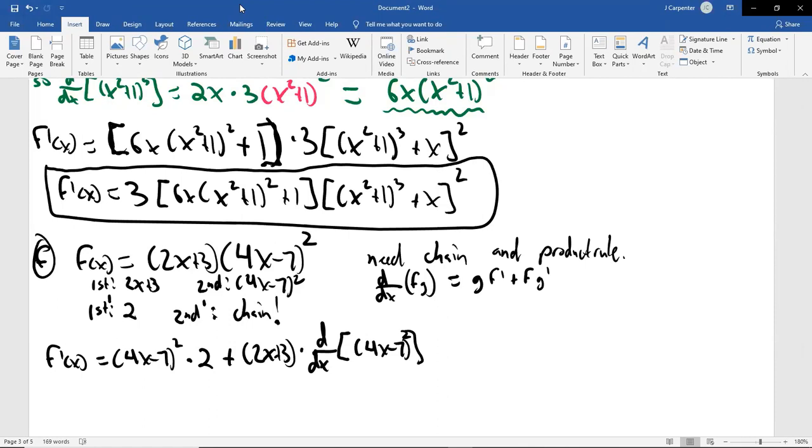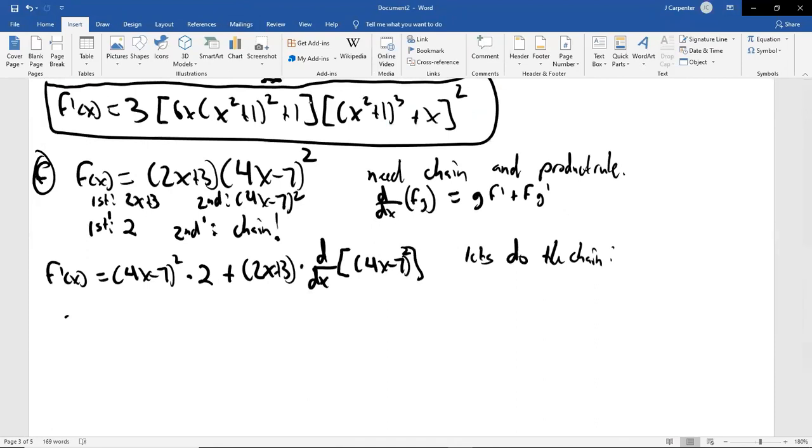But now let's find out what this is. Now let's do the chain. So let's just focus on d dx of the 4x minus 7 squared. So we're going to need outsides and insides. The inside is the 4x minus 7.